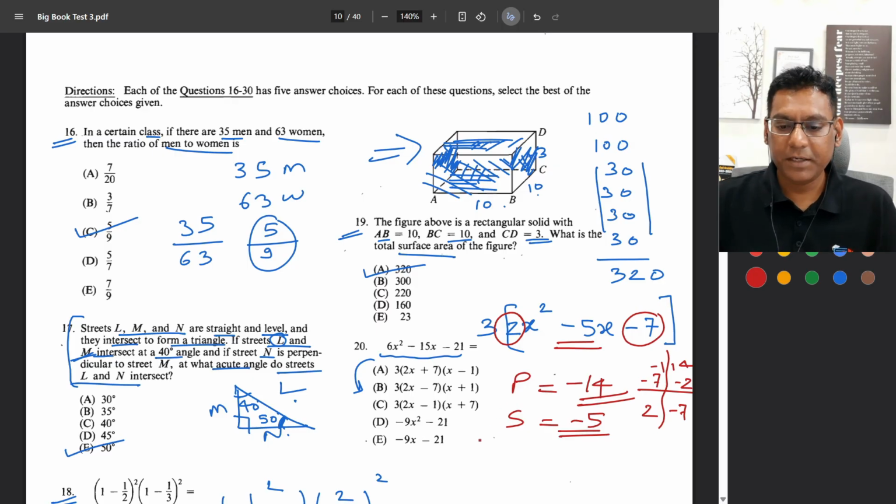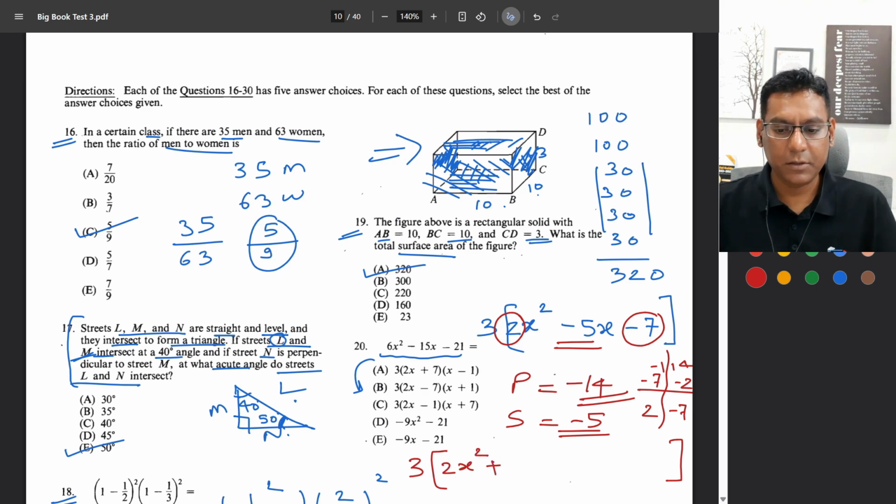Okay, so pretty straightforward. So this is 3 into, now that we have got it, 2x square, correct? So I need something 2 to be common. So let me first write the 2 term, 2x. This minus 5x I'm going to split as 2x minus 7x minus 7, correct? Basically I just split this expression. Okay, let me change the color. So I get 3.